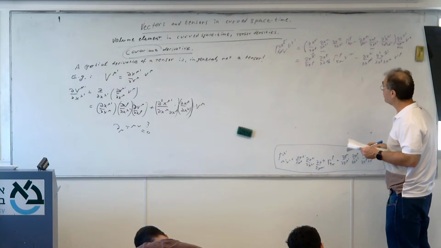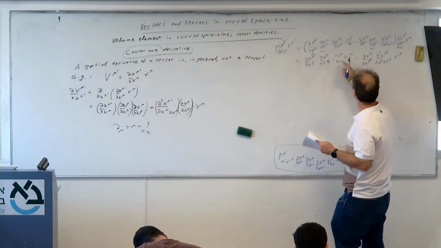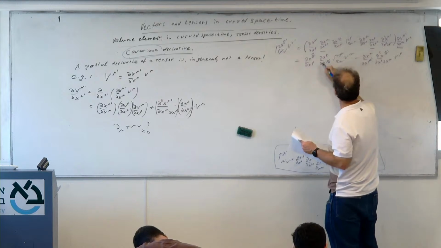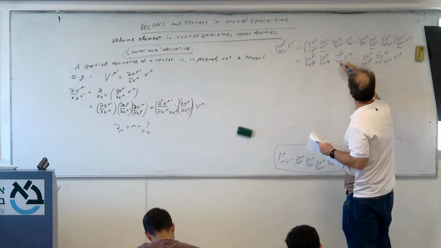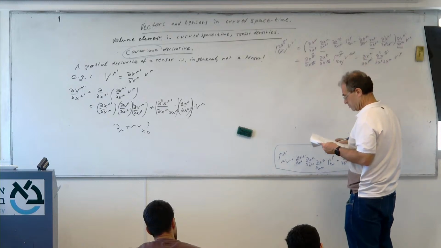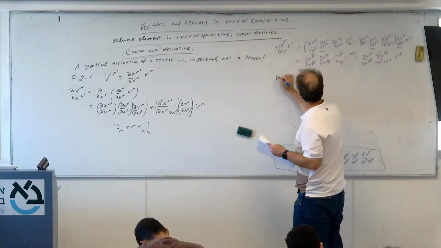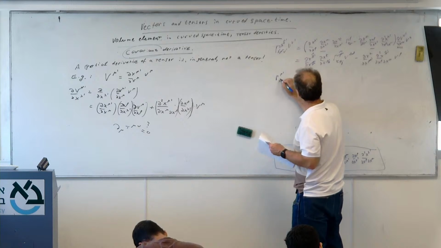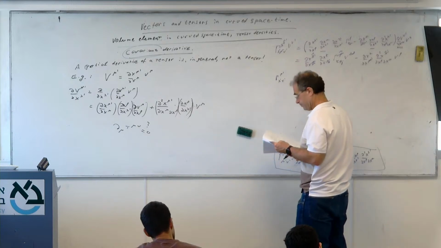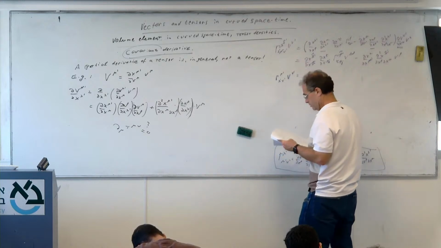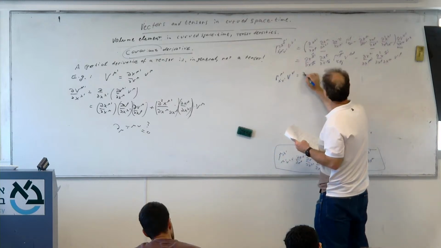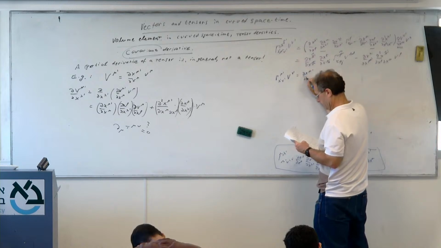And then I have these dummy indices. So rho here I want to write down as a mu, and the sigma I want to write as a rho. So I have a gamma, mu prime, lambda prime, mu prime. Here I have a dx mu prime over dx.